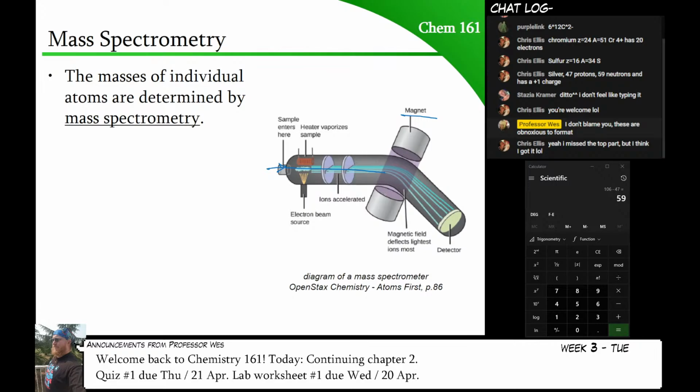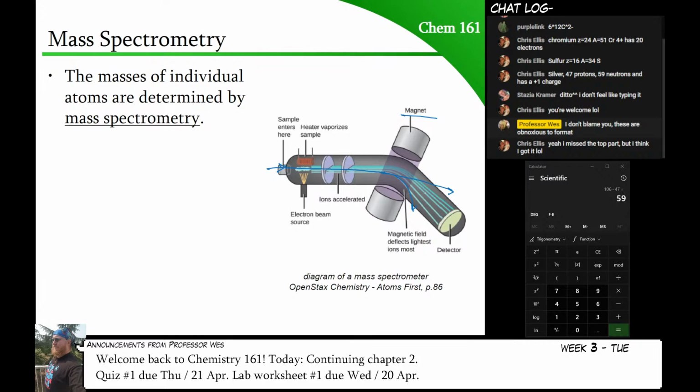The magnet will deflect any particle that contains a charge, because magnets and electric fields interact in that way. It is going to bend it based on the weight of the molecule.